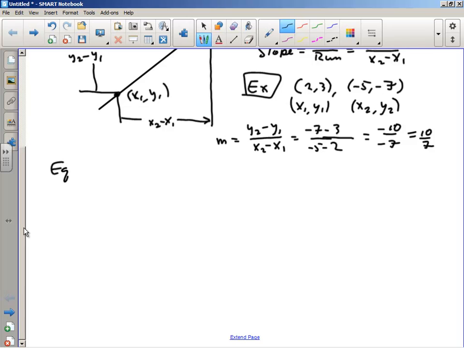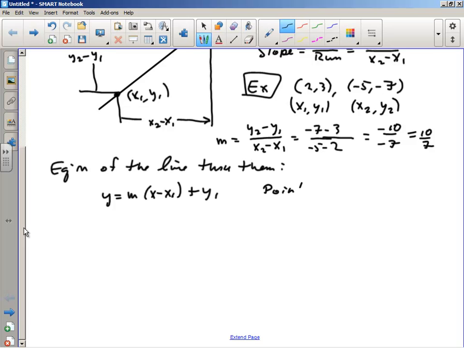Equation of the line through them. I use the point slope form. Most textbooks put the y1 on the left-hand side.